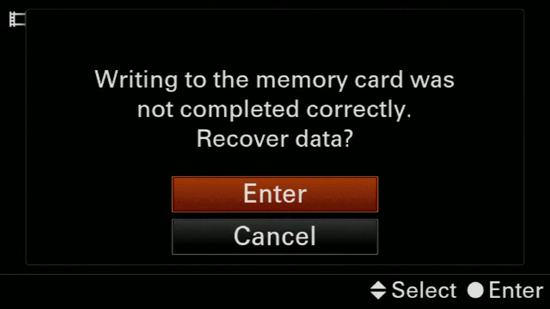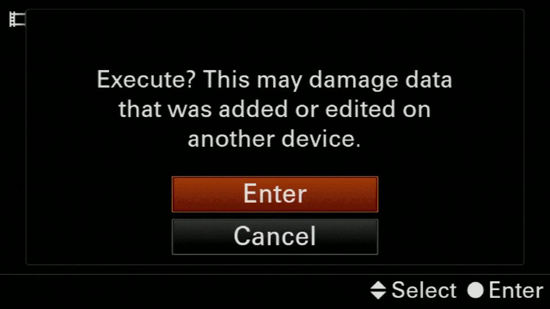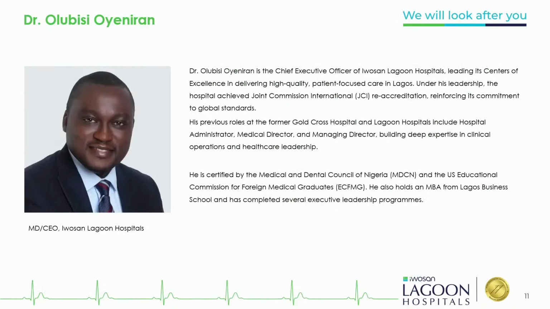So in saying all of that, I just want to thank you so much, sir, because those three things align with our goals in Iwosan Lagoon Hospitals as well. Thank you for the investments you've put in yourself. Thank you for coming back home with very little, I didn't really have to convince you so much before agreeing to join us. So we appreciate that. Please, let's give him a round of applause for that.